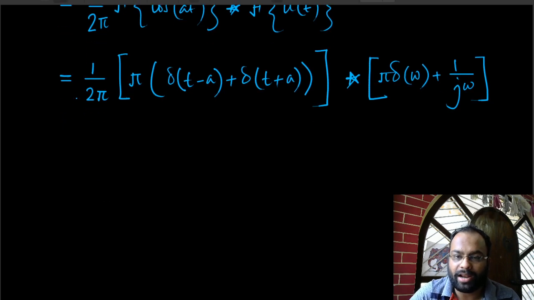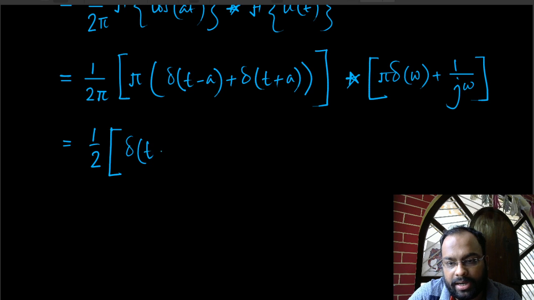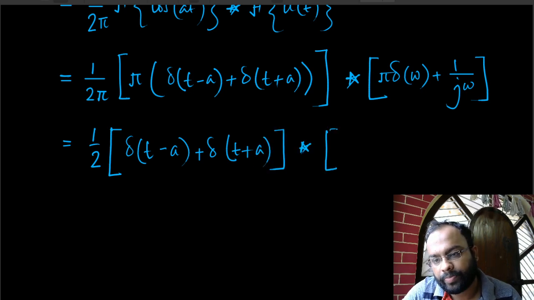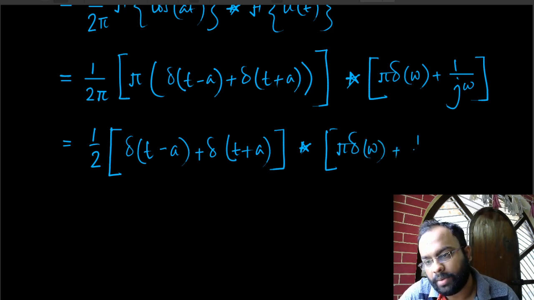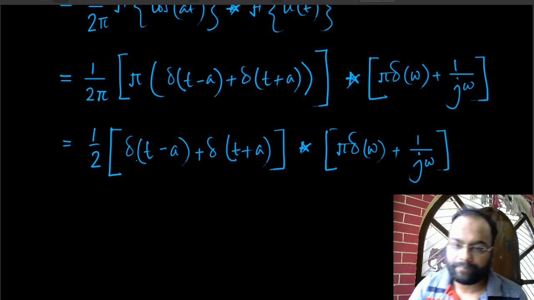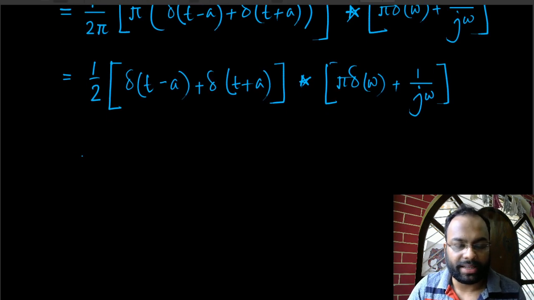I am taking care of the pi here, making it 1 by 2. So I have half delta omega minus a plus delta omega plus a, convolved with pi delta omega plus 1 by j omega. If you have any query, feel free to ask. I'm monitoring the live chat always.